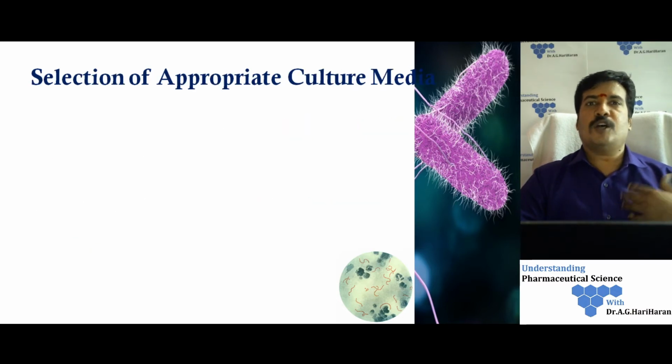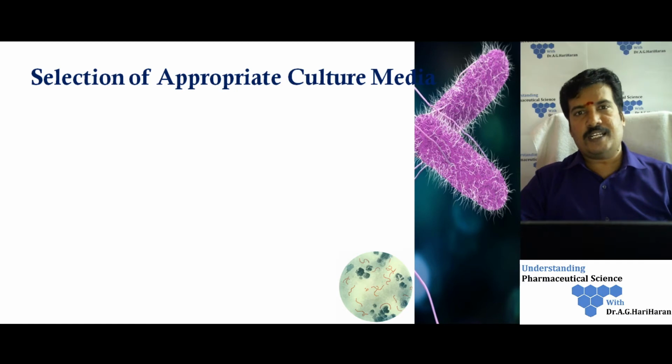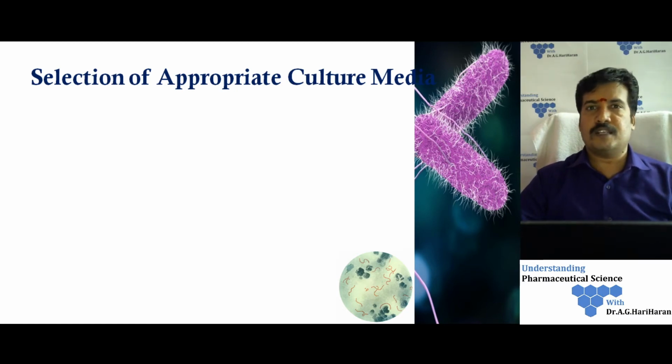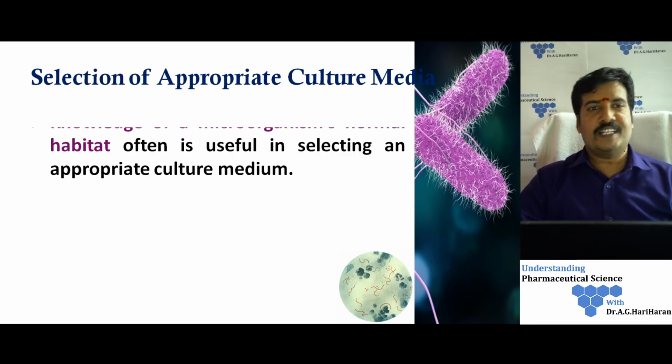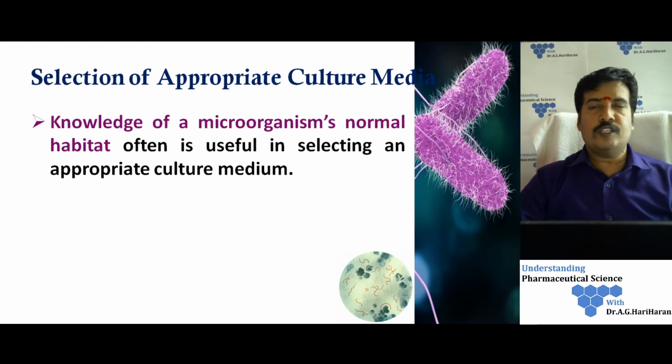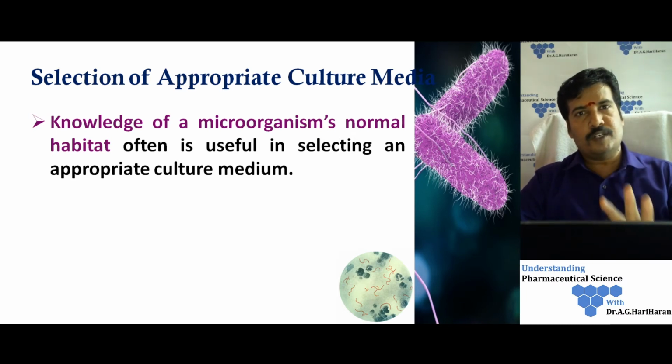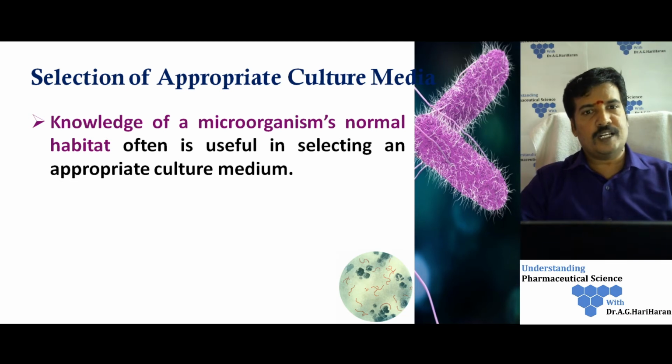So our job is to properly select or design an appropriate culture medium for cultivating in the laboratory. To do this, we need complete knowledge about the microorganism's normal habitat. Generally, different microorganisms will grow in different natural conditions.